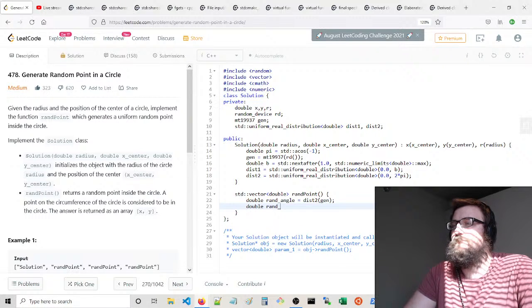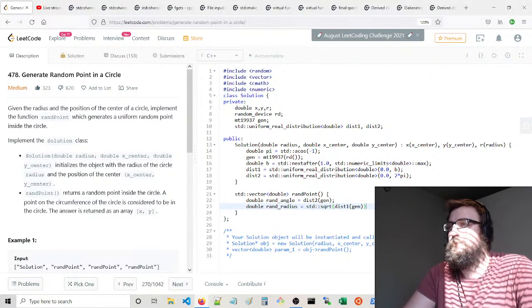And random radius. Now this is where things get tricky. You're going to say dist 1 of gen, and you're actually going to take the square root of this, and I'll explain why in a moment, and you're going to multiply that by your r, by your radius.